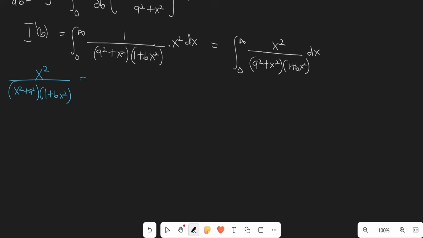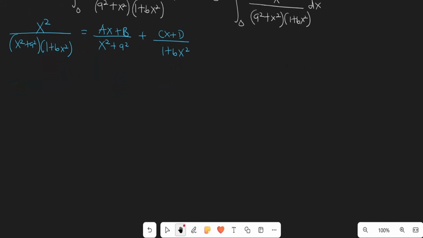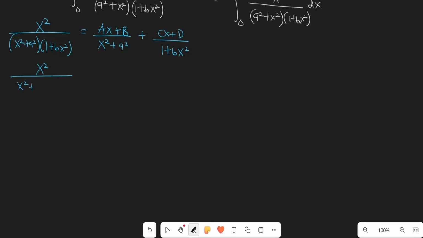Using partial fraction decomposition, we are going to have Ax plus B divided by the first quadratic term, x squared plus a squared, and then the next term is Cx plus D, divided by 1 plus bx squared, like this.